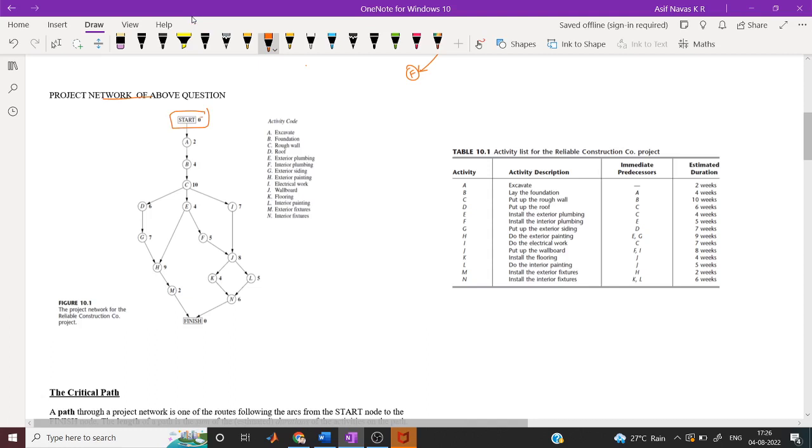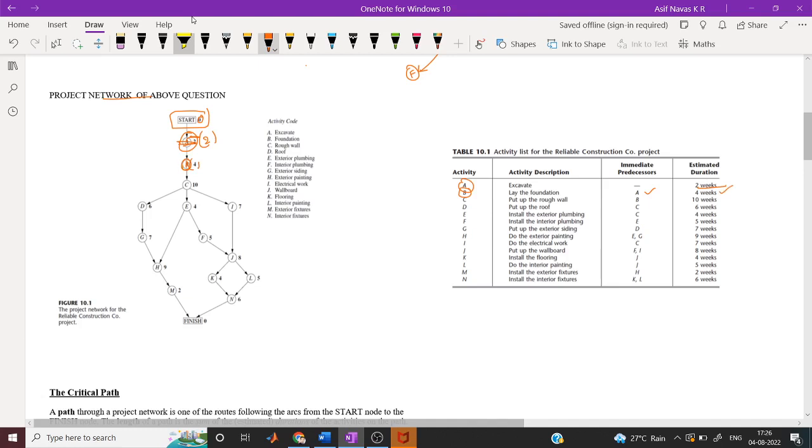The duration, the value of the start, is 0, and then we do the first step, that is A. A takes 2 weeks. Then B has immediate predecessor A. A is not the immediate predecessor of any other activity. So here we can put B, and its value is 4 weeks.